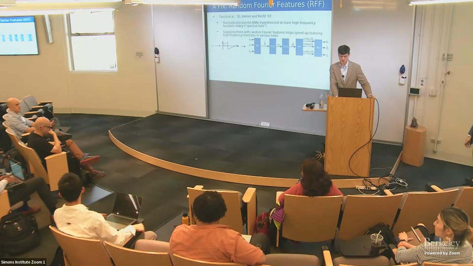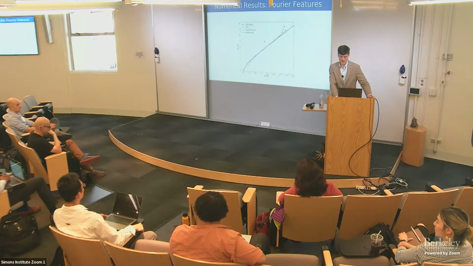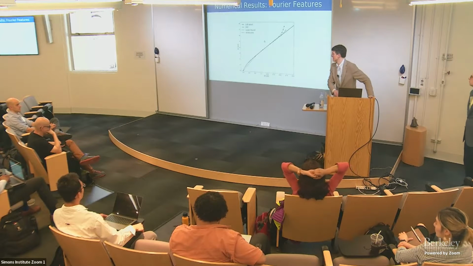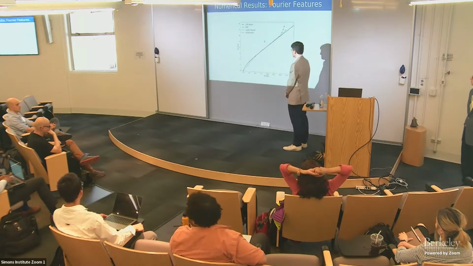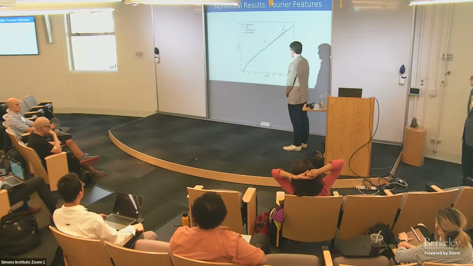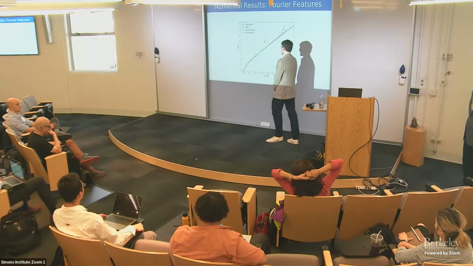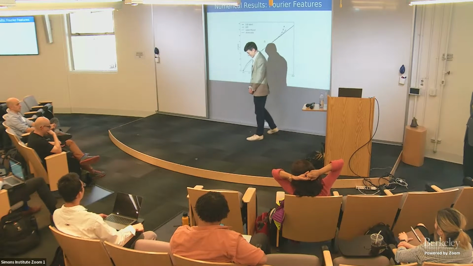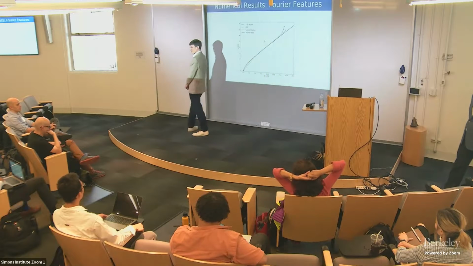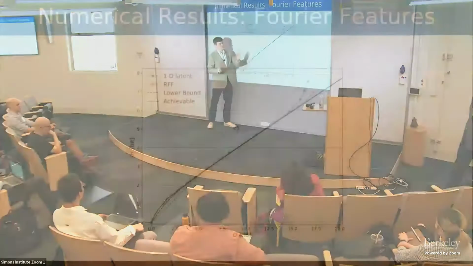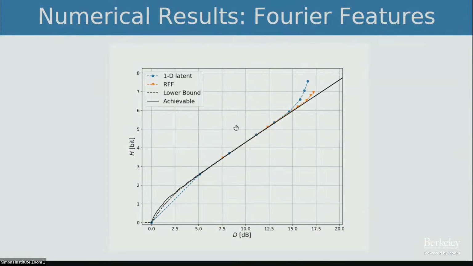Can you go back to your curve? This one is good. So what's happening below the lower bound, what is the blue curve there? Yeah, this is a disagreement I've had with my co-authors. The blue is not a curve. The blue is just a trained neural network at different values of the Lagrange multiplier.